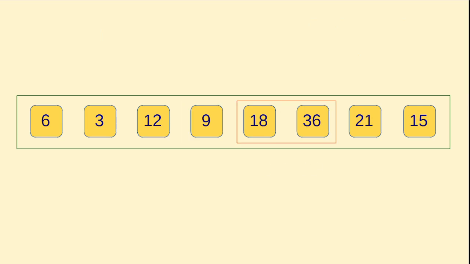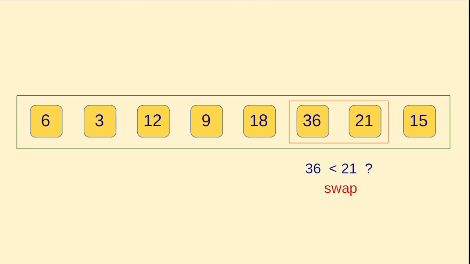We compare. Now in this case, the result of comparison is true. The first element is smaller than the second element, 36, and therefore our decision is no swap. We don't swap. Now our attention moves on to the next pair. We do the comparison, and the result of comparison is false, not true.